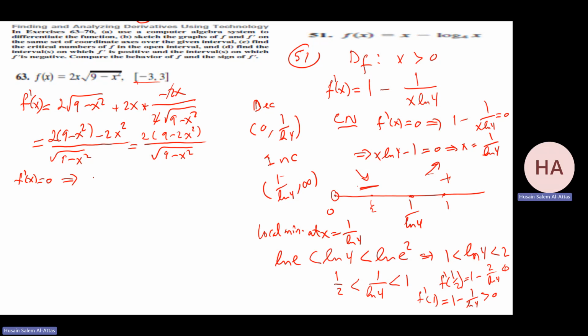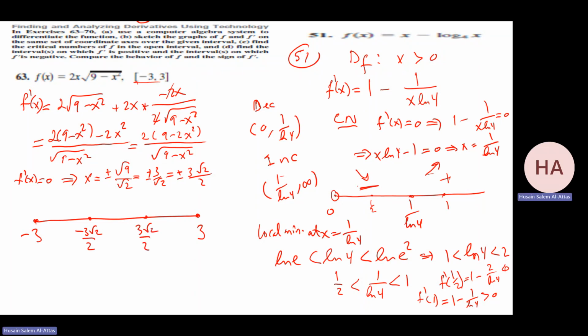That implies x equals plus or minus square root of 9 over 2, which is plus or minus 3 over square root of 2, which is plus or minus 3 square root 2 over 2. Okay, now we'll do the interval. I have minus 3, 3, minus 3 root 2 over 2, and 3 root 2 over 2. Now check the signs.